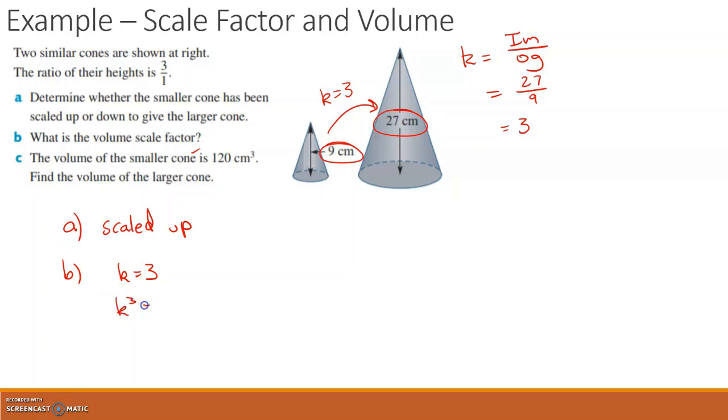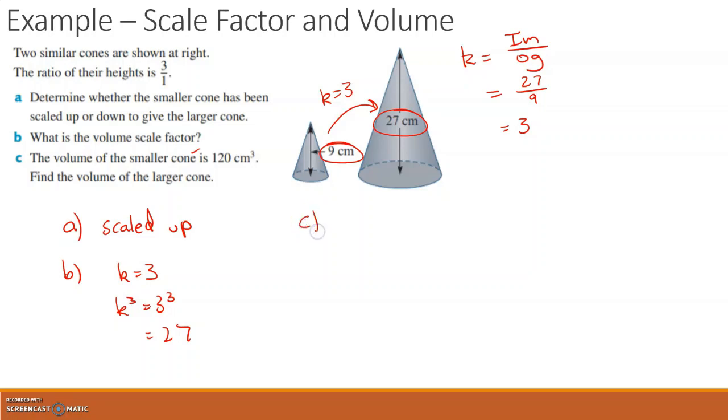K cubed will be 3 cubed, and 3 cubed is 27. So the volume scale factor is 27. What that means is the volume of the larger cone will be 27 times larger than the volume of the smaller cone. So we tripled its dimensions, but that means its volume is now multiplied by 27.